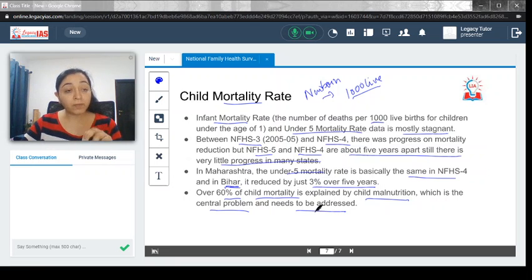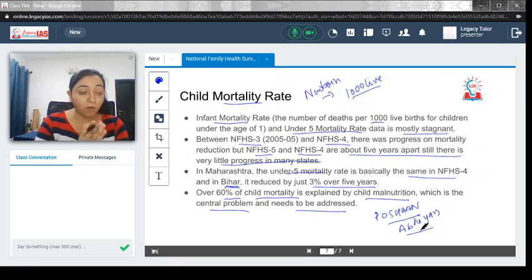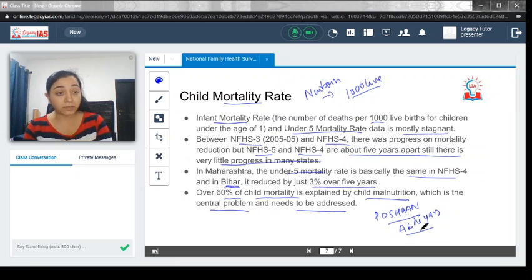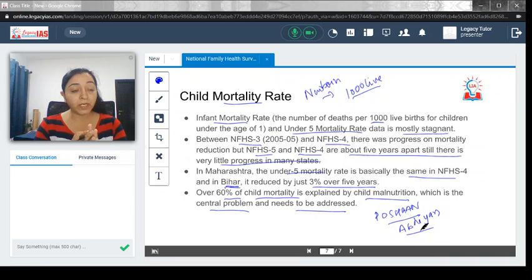In fact, we must also be aware that these are the years when the flagship scheme of Poshan Abhiyan was going on. Poshan Abhiyan talks about providing or improving the nutritional intake of children, young girls as well as pregnant women. Even after that, we are not seeing much improvement in the child malnutrition sector.